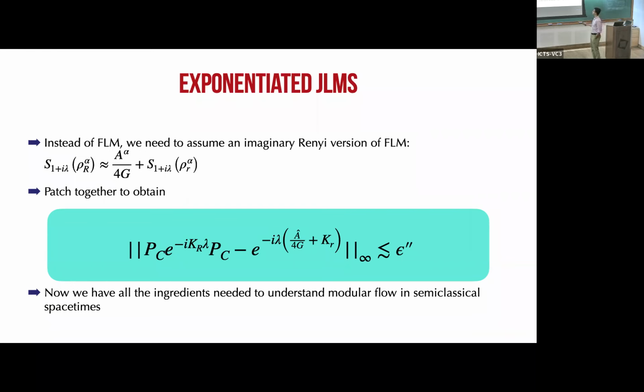And then using the fact that we had these fixed area states, it was easy to exponentiate things within the small code subspace and then patch them together. So in the end, we end up with this exponentiated version of JLMS, which again is basically saying that these two operators are close, with some other epsilon here. So you can approximate the action of this operator by the action of this operator, which is just the bulk action of the area operator plus the modular Hamiltonian.